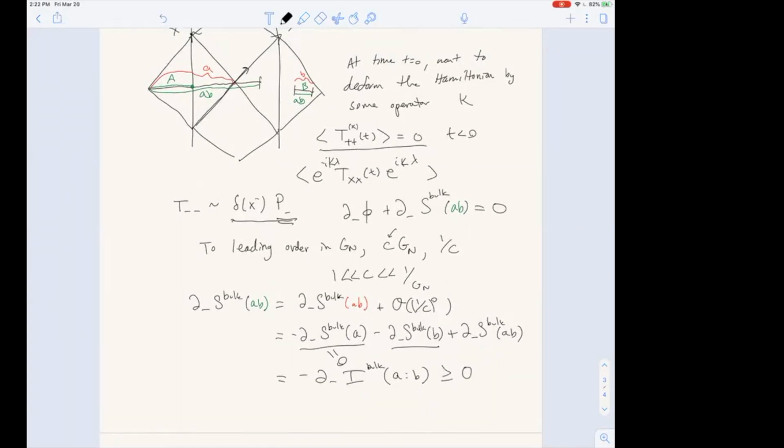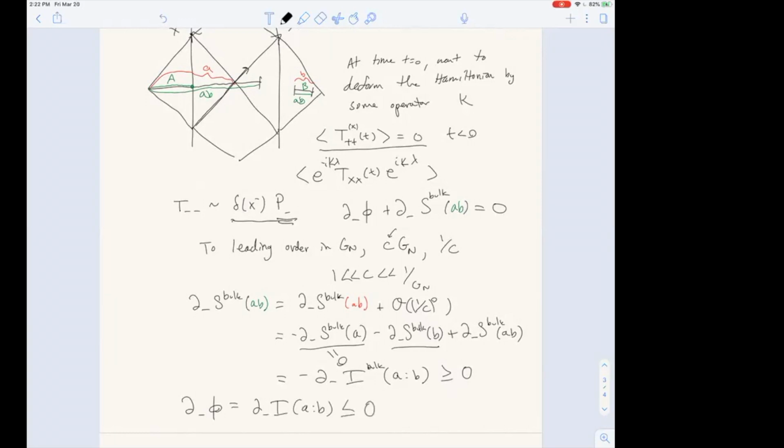The mutual information decreases as you shrink one of the regions. So this is a positive quantity, which means that the derivative of the dilaton at the quantum extremal surface is equal to the derivative of the mutual information to leading order, which is negative.